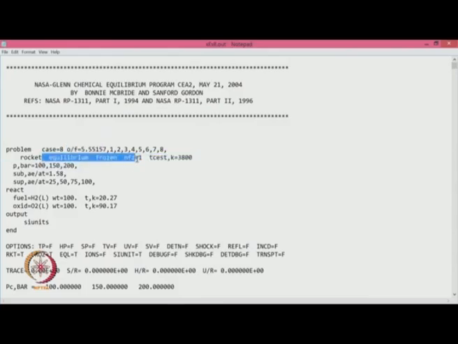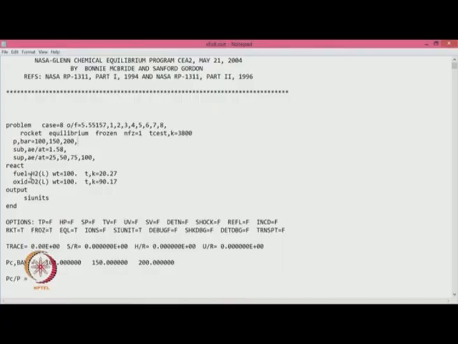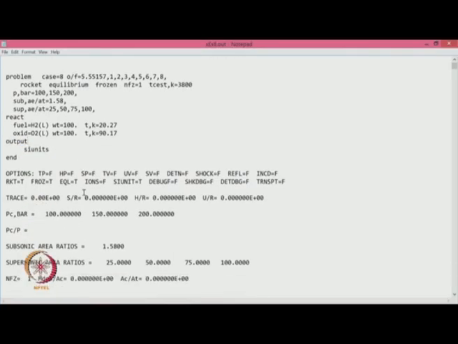Then we have set both equilibrium and frozen flow. Then the various pressures at which we want to run these calculations are given here. Then the exit pressure ratios, supersonic area ratios and subsonic area ratios, and then the reactants that we have used, and the outputs will be expressed in SI units.